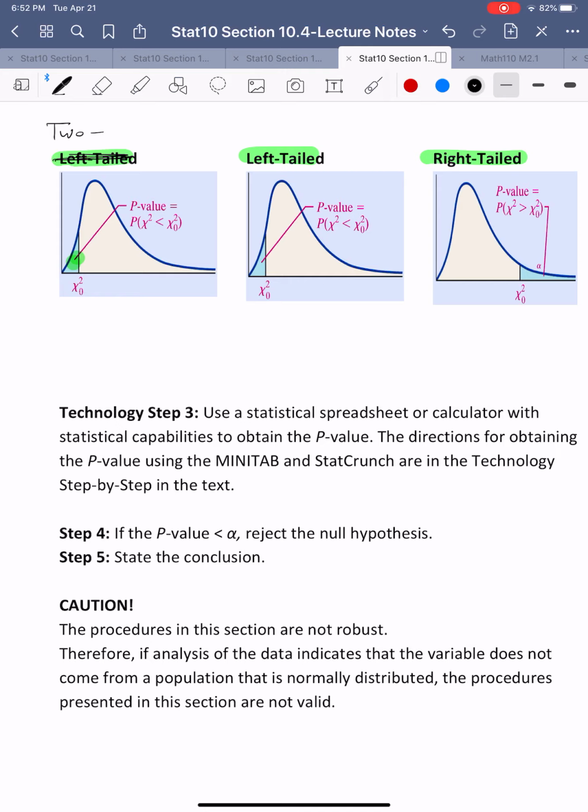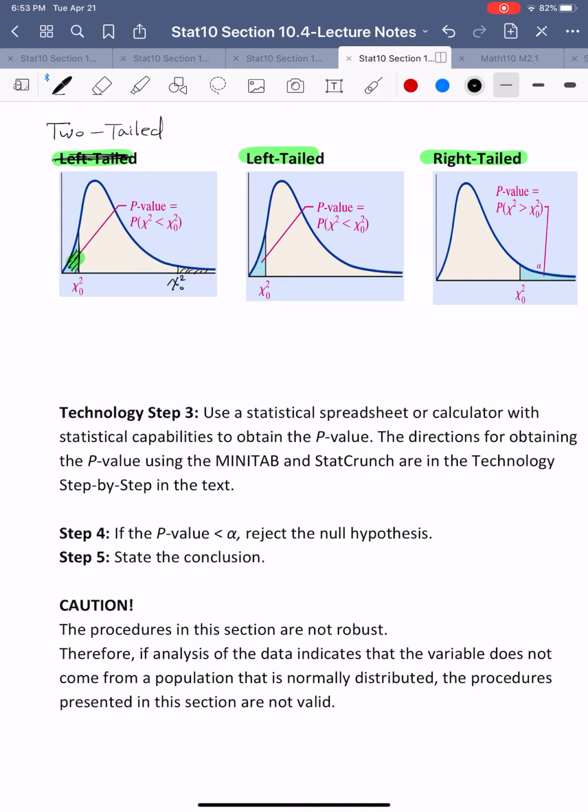Sorry about that. This means we have to have these places and also these places. The test statistic is actually here too, so we have to find both.